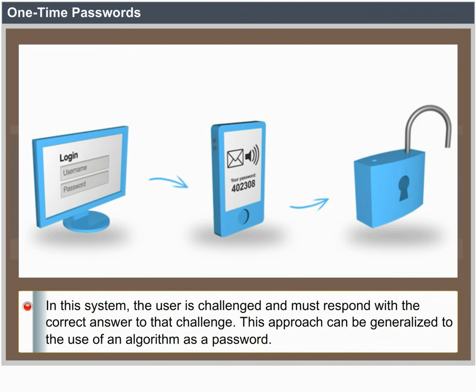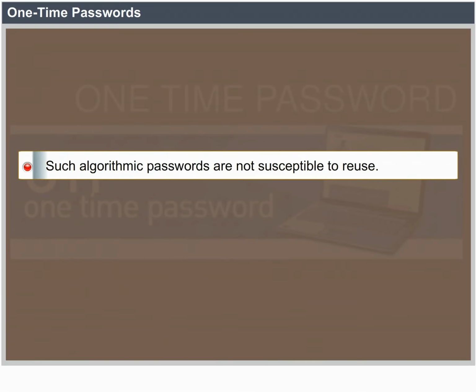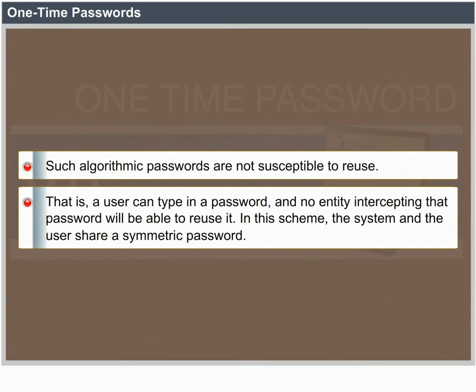This approach can be generalized to the use of an algorithm as a password. Such algorithmic passwords are not susceptible to reuse. That is, a user can type in a password and no entity intercepting that password will be able to reuse it. In this scheme, the system and the user share a symmetric password.